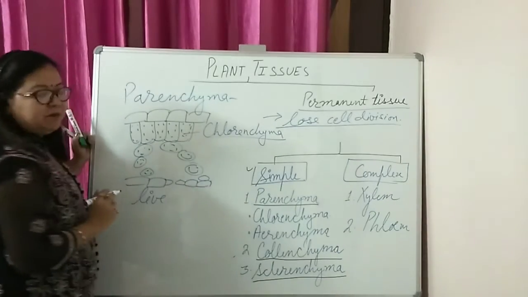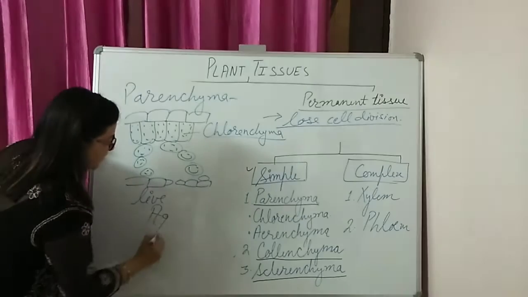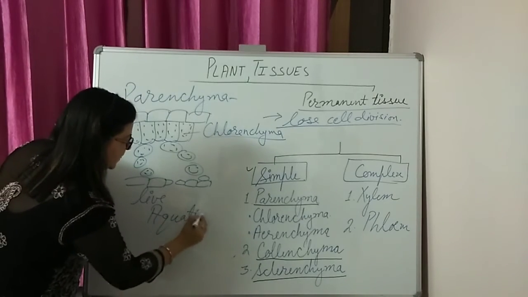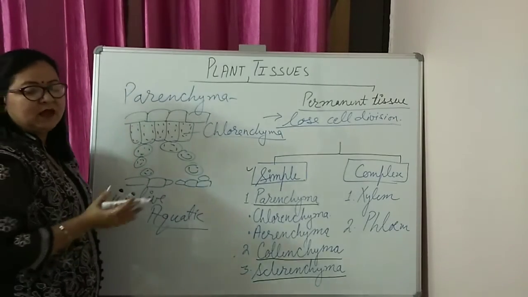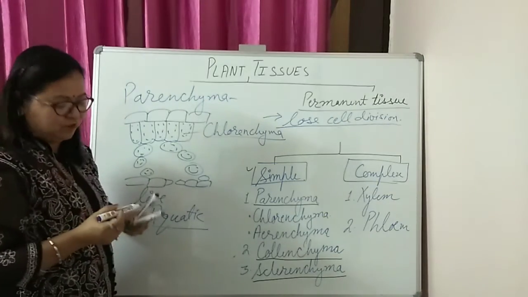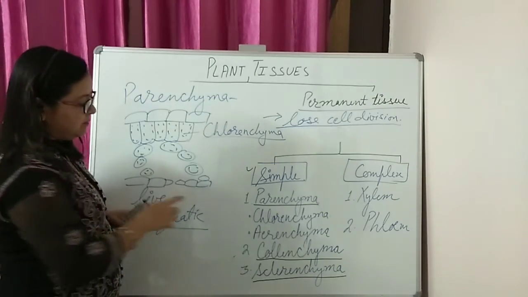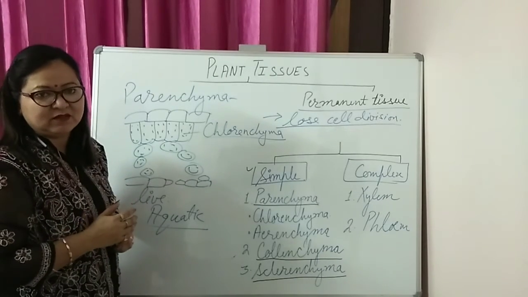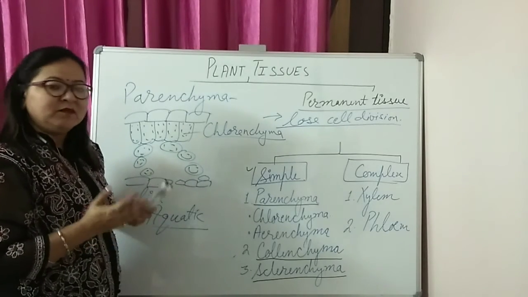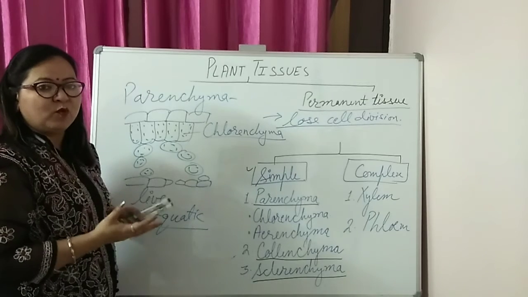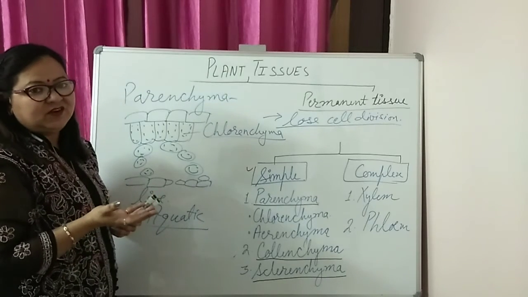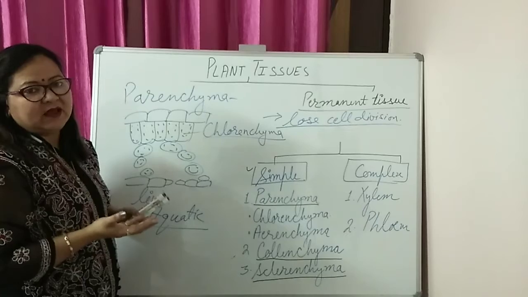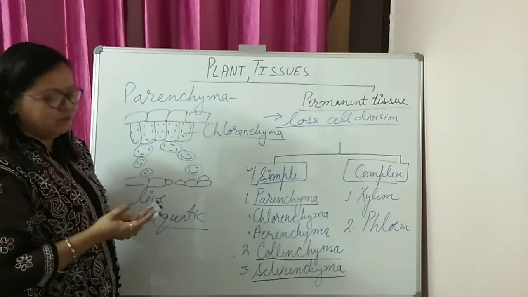Next, in some plants, aquatic plants, the plants which can float on water, the parenchymatous cells have very large air cavities with air in between the cells that provide buoyancy to the tissue so that the plant part can float on the surface of water.